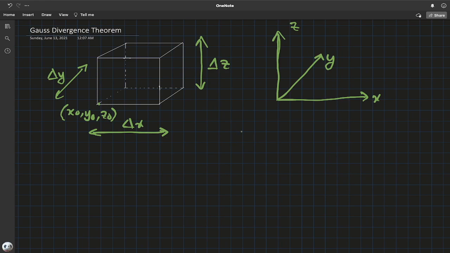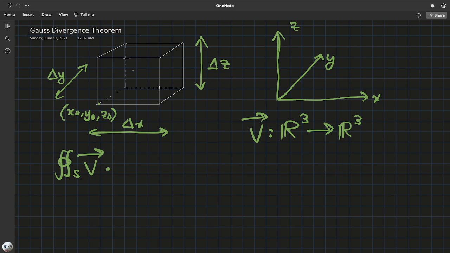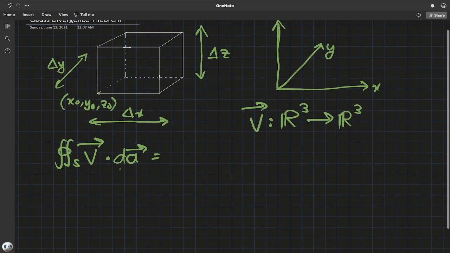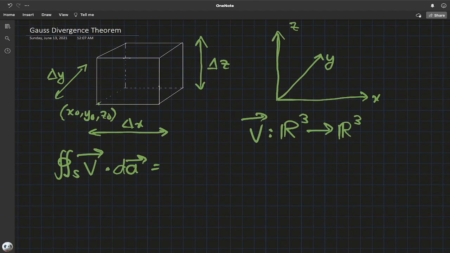Okay, so consider some vector function taking points from R3 to R3. Since this is a closed surface, let's consider the closed surface integral of V on this surface S. Notice that we have this area vector dependence for this surface integral, so we need to be careful which faces to take and what is the direction of the area vector.